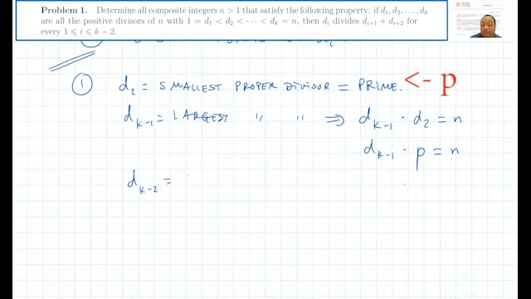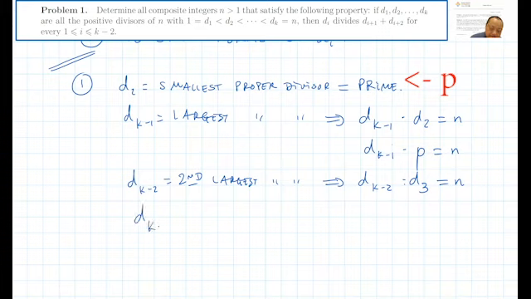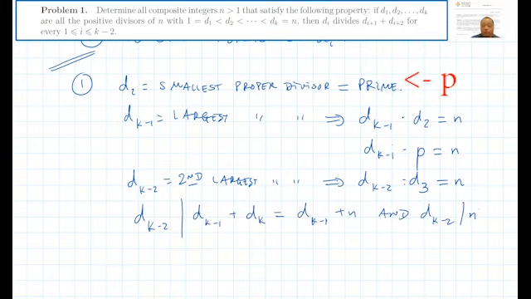On the one hand, d_{k-2} is the second largest proper divisor, and therefore d_{k-2} times d_3 is equal to n. But also, d_{k-2} divides d_{k-1} plus d_k, which equals d_{k-1} plus n. And d_{k-2} already divides n, therefore it must divide the other term as well, d_{k-1}.